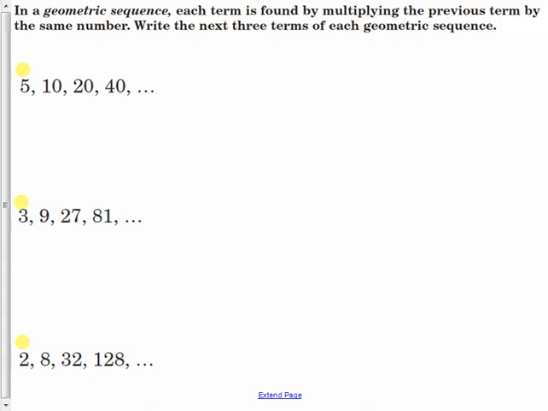So for example, in this case, it looks like the pattern is 2 because 5 times 2 is 10, I can then do 10 times 2 is 20, and 20 times 2 is 40. So if I continue that pattern, I have 40 times 2 is 80. 80 times 2 is 160.